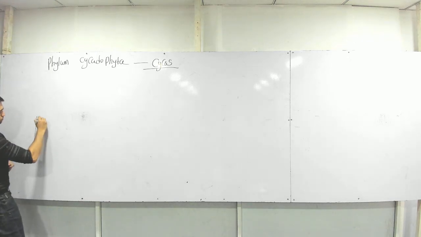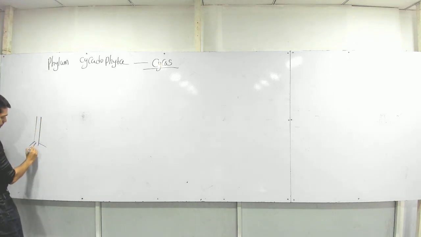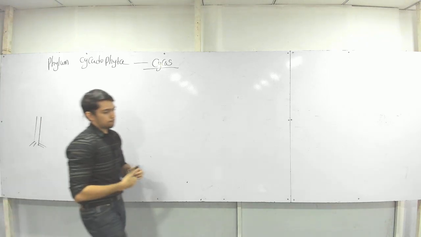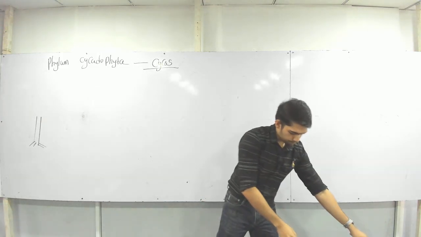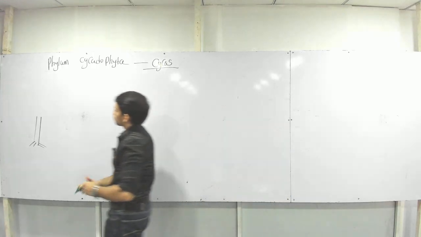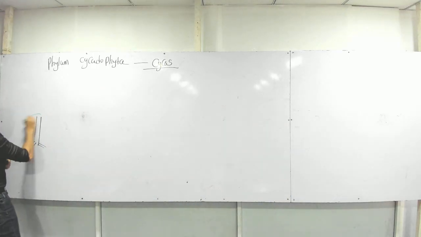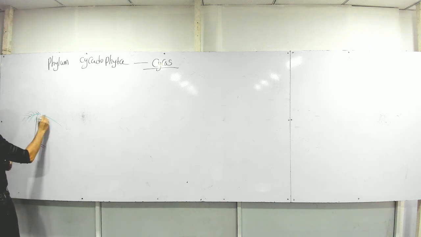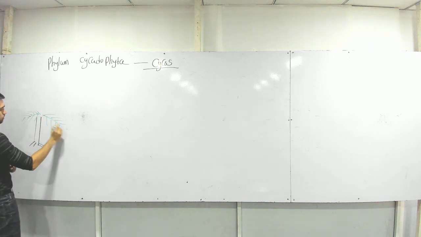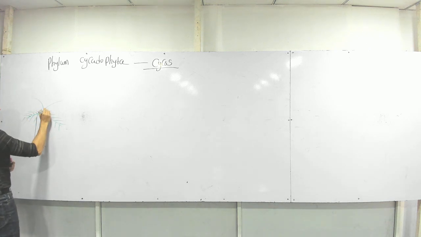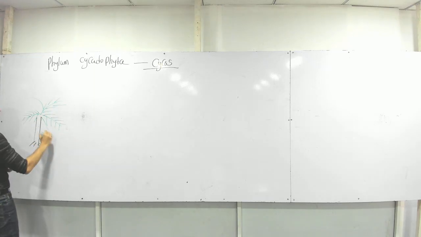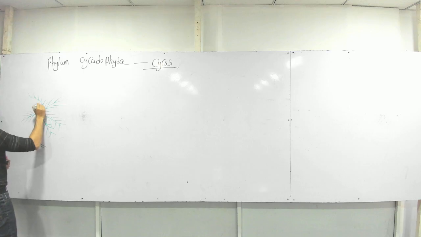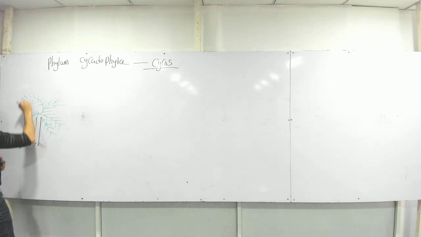So if this is the female plant, it has these sort of leaves arranged like this, right? A cycas.